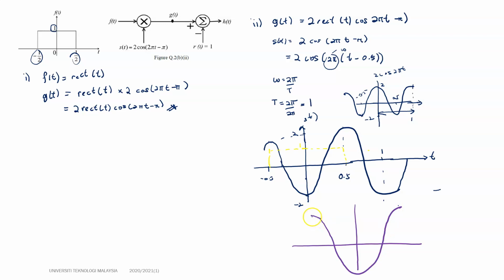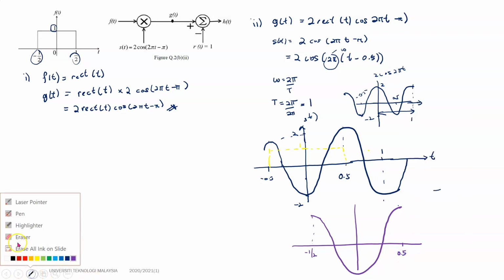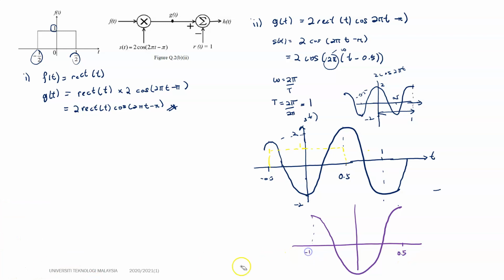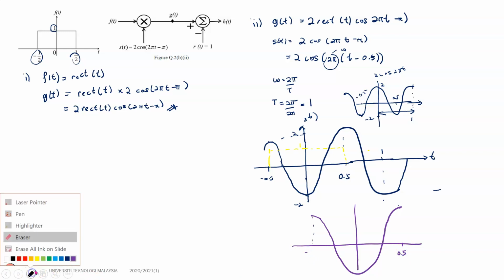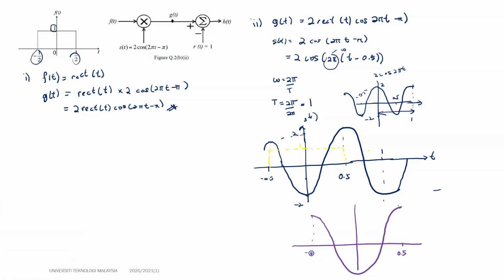This is at negative 1 over 2, which is 0.5, so it's easier. This is negative 0.5, and the magnitude here is 2, and this is negative 2. So this is the answer for sketching the gt.